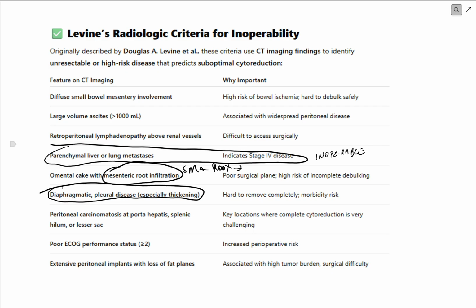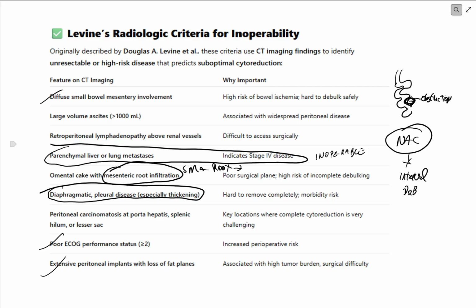If you have poor ECOG status, extensive peritoneal implants with loss of fat planes, small bowel mesentery involvement, or bowel obstruction, these become inoperable. So in these cases, you have to go for neoadjuvant chemotherapy and then interval debulking surgery.